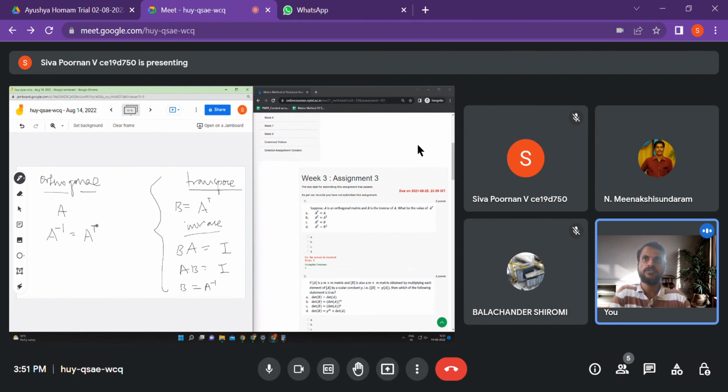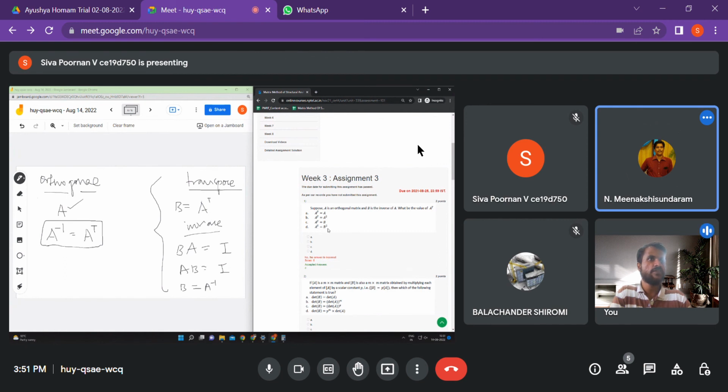This does not happen for all matrices, but if this happens, then we call the matrix A orthogonal, right? So by that definition, A is an orthogonal matrix and B is the inverse of A. What will be the value of A transpose? It is equal to B, right? So the option is C, because A transpose is A inverse and we know A inverse is B.